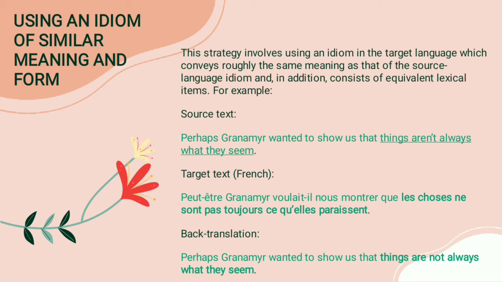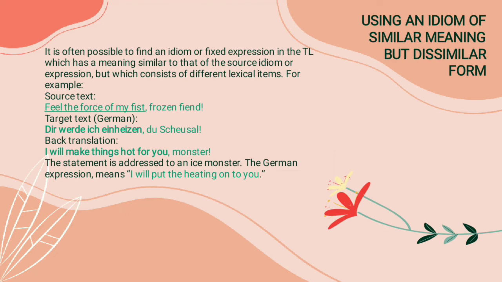For example, in the source text we have "perhaps Gradamir wanted to show us that things aren't always what they seem." In the target text in French, the translation is "perhaps Gradamir wanted to show us that things are not always what they seem."